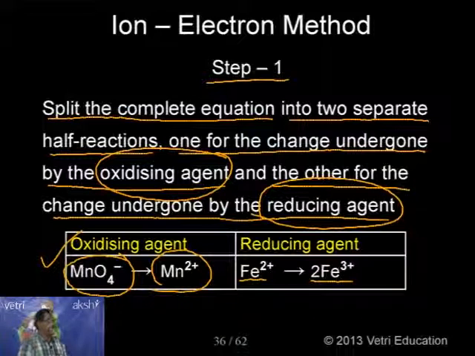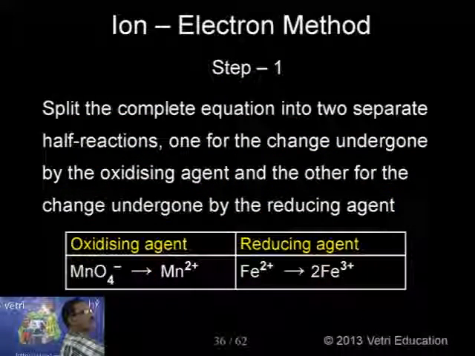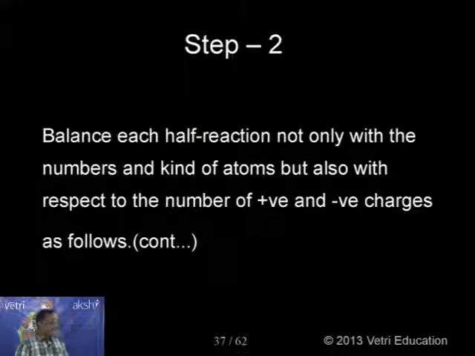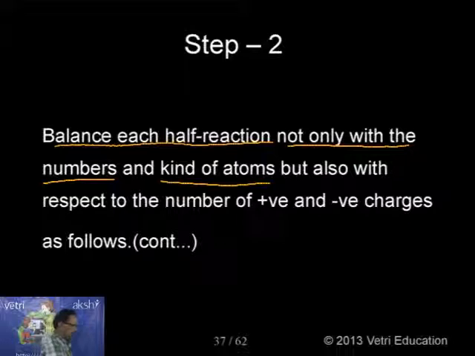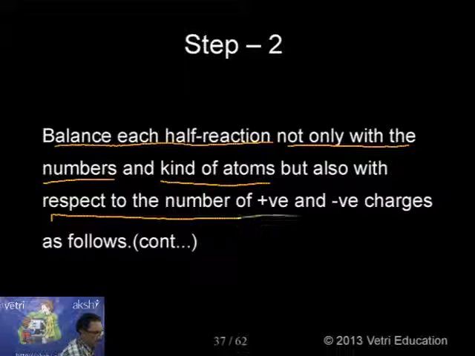Okay, let me go for step 2. Under step 2, let me read now. Balance each half reaction not only with the numbers and kind of atoms, but also with respect to the number of positive and negative charges as follows.